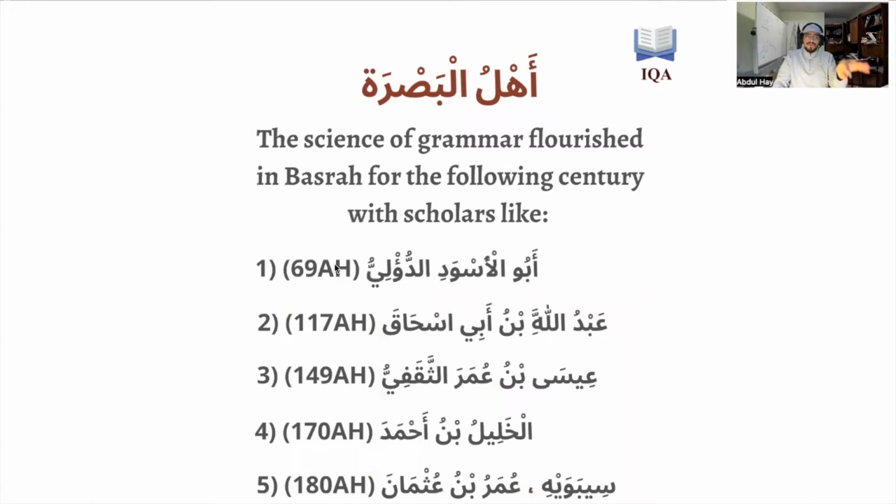The science of grammar flourished in Basra for the following century with scholars like Abu Aswad al-Du'ali, Abdullah ibn Abi Ishaq, Isa ibn Umar al-Thaqafi, Khalil ibn Ahmad al-Farahidi, and the famous Sibawayh, whose real name was Amr ibn Uthman. As you can see, there was a long line of scholars that came from Basra. They all added to the study of grammar, they all added their own opinions, and they all helped the science of grammar flourish.